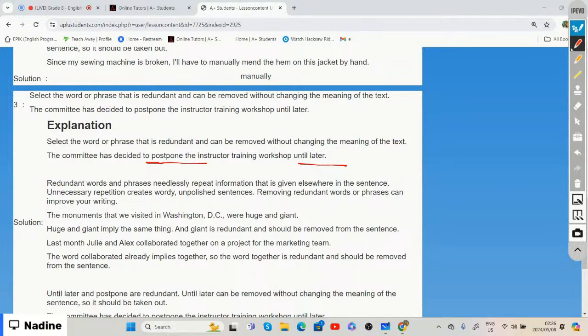If we're going to select the word or phrase that is redundant and can be removed without changing the meaning of the text, then we're going to say postponing something is already saying that until later or till tomorrow.